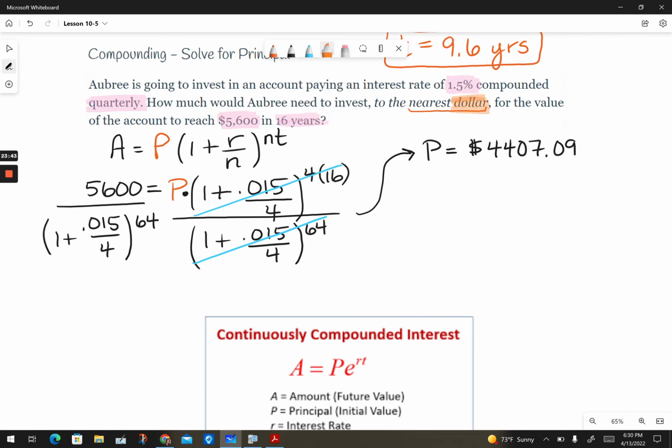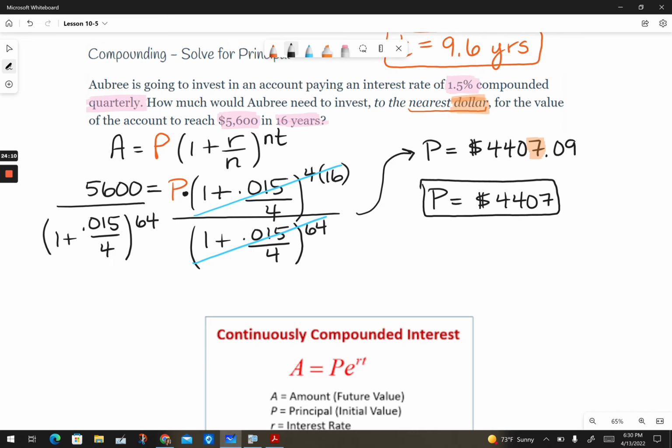It's going to be a 7 because the number to the right of 7 is not larger than a 5. And there's my answer for principal. So you have to at least begin with an investment of $4,407 in order to accrue interest after 16 years to have a final amount of $5,600.